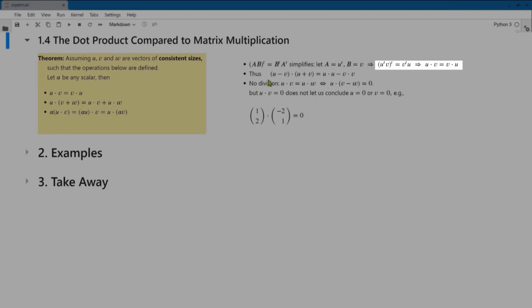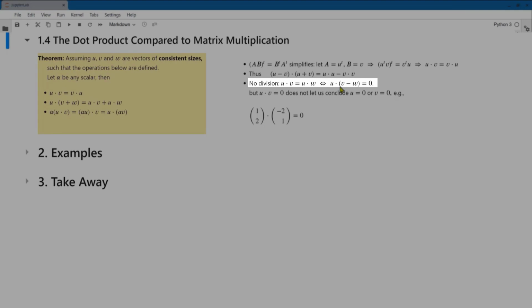One consequence of that is the algebraic patterns that we are used to from scalars will hold. U minus V dotted with U plus V multiplies out to U dot U minus V dot V, so U dot V and V dot U will cancel. But we still do not have division. So if U dot V is equal to U dot W, we can simply rewrite that as U dot (V minus W) equal to 0, but that's the best we can do.